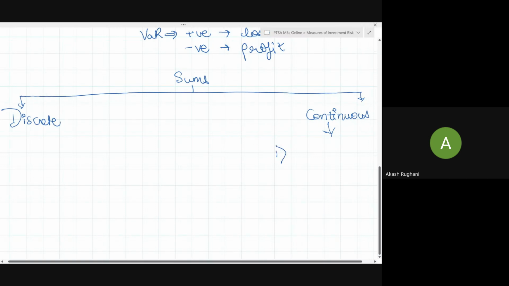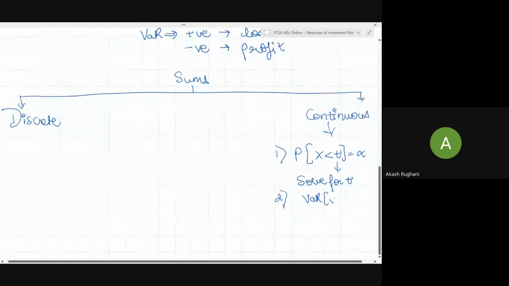First, I will say probability of x less than t is equal to alpha. I will solve for t. Then I will say VAR of x is equal to negative t, and I'll state my VAR. So for continuous, it is purely formula based.